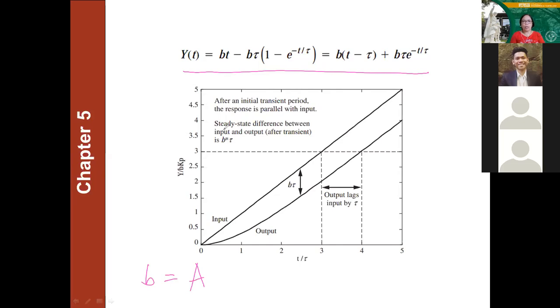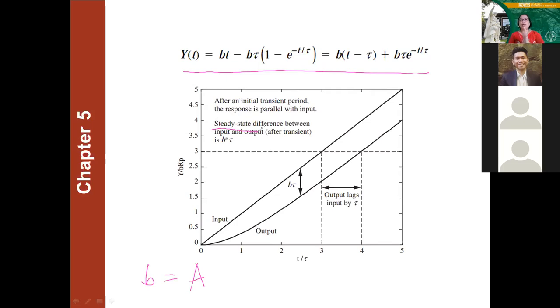You see this one, it's written here. It's the steady state difference. Whenever you see a phrase like steady state difference in a particular problem statement, it means after a very long time. Because if your system has deviated from its steady state value due to an external disturbance, after a very long time, it will reach a new steady state value. So after a very long time, if the problem asks you for a particular response to a ramp input, what is the difference between the response and the input, whatever that particular physical system is?